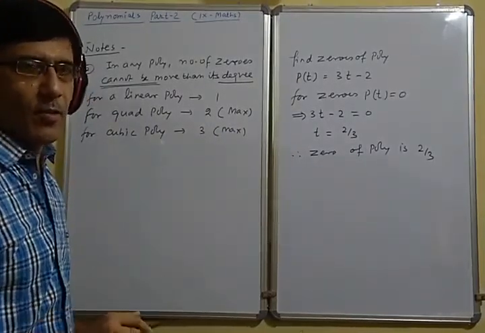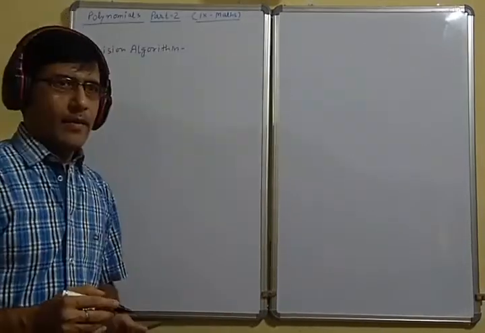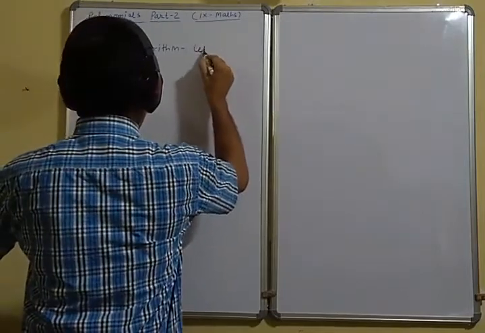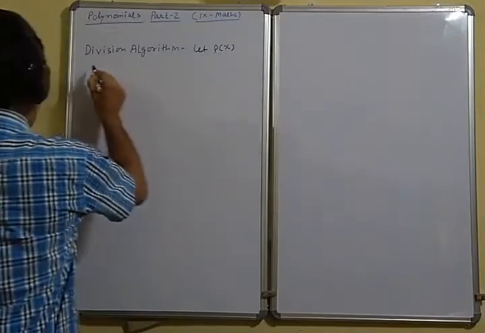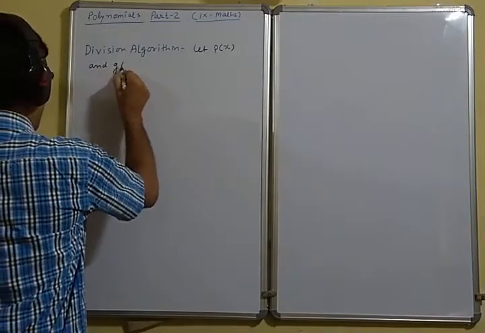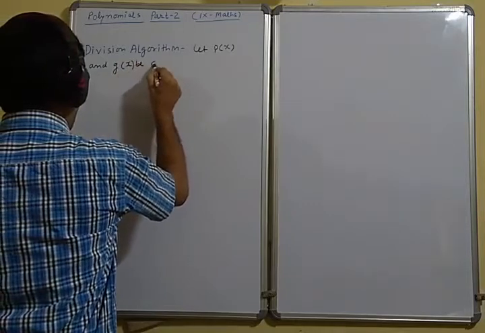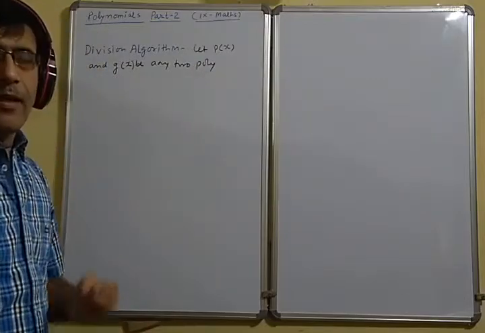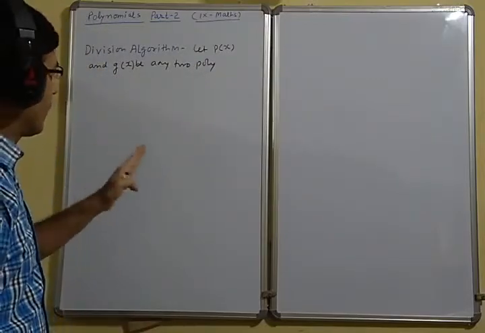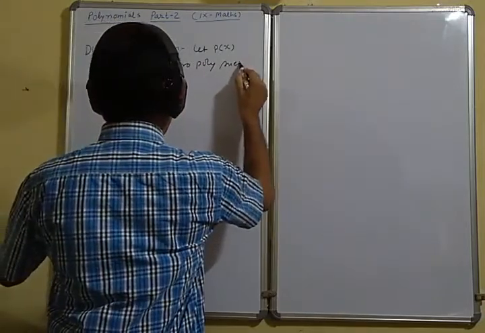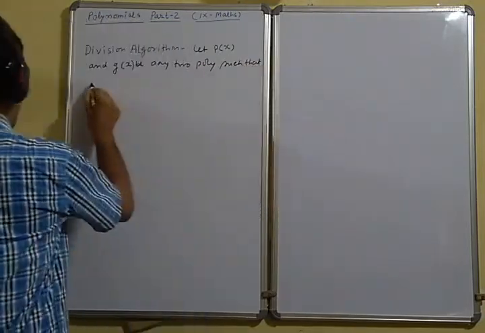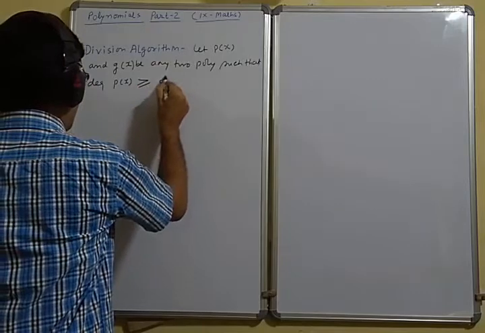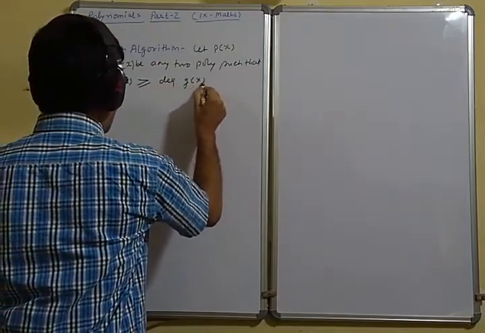Now the next topic is the division algorithm. Let p(x) and g(x) be any two polynomials such that the degree of p(x) is greater than or equal to the degree of g(x).